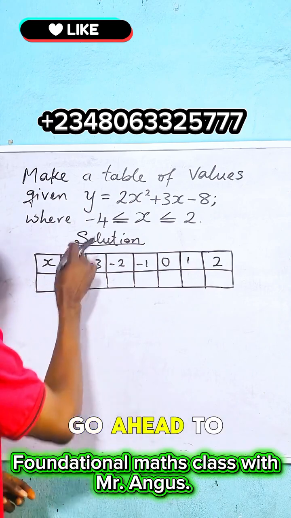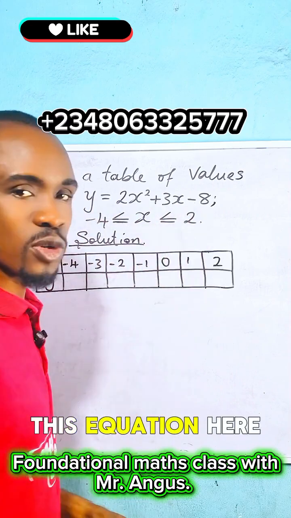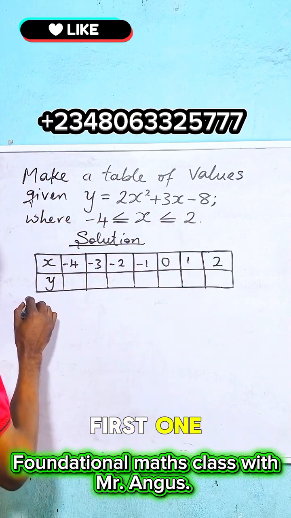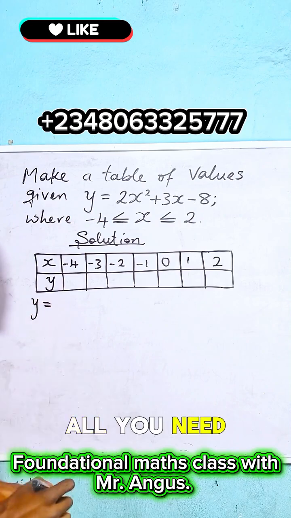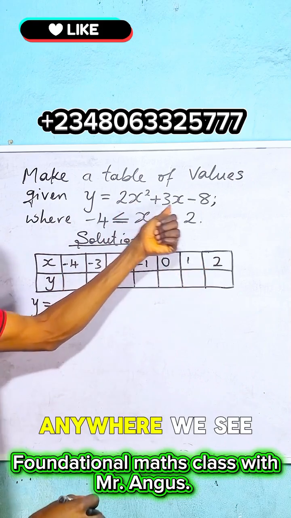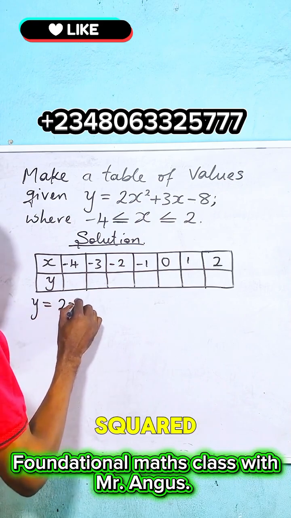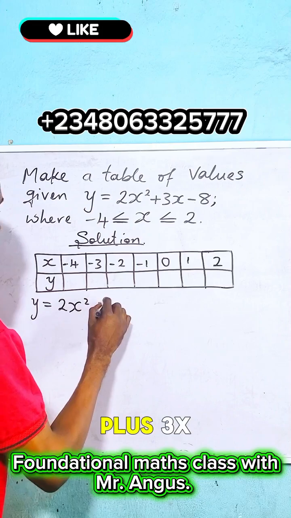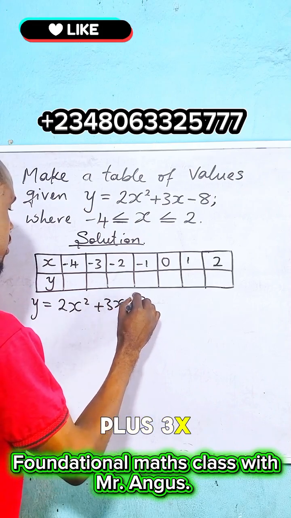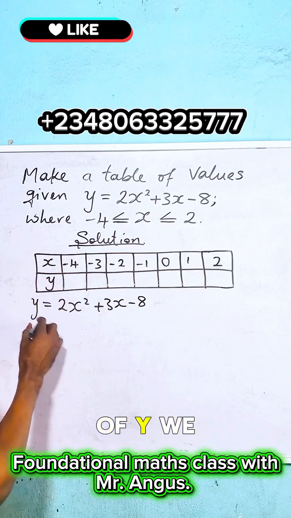So let's now go ahead to find the values of y using this equation here. For the first one, all you need to do is to keep on substituting these values of x anywhere we see x here. So this will have 2x squared plus 3x minus 8.